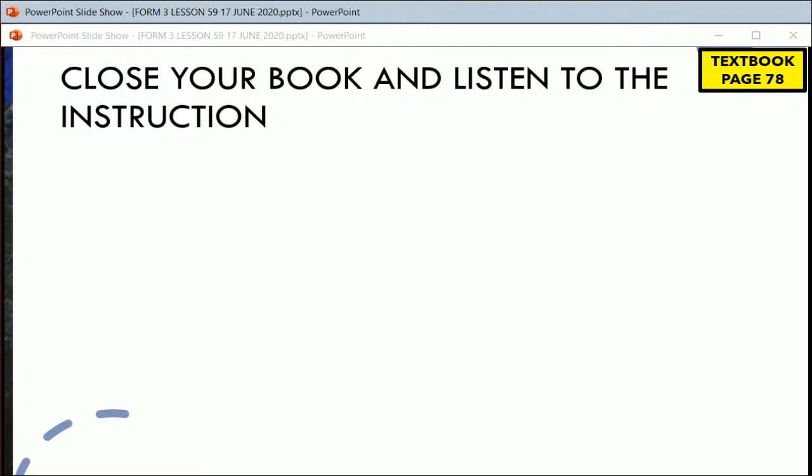Use no more than 3 words. I'm going to repeat, okay? Here are some sentences about sport. For each question 1 to 5, complete the second sentence so that it means the same as the first. Use no more than 3 words.